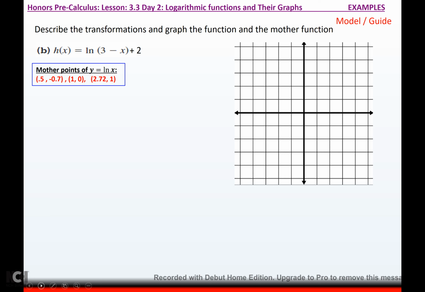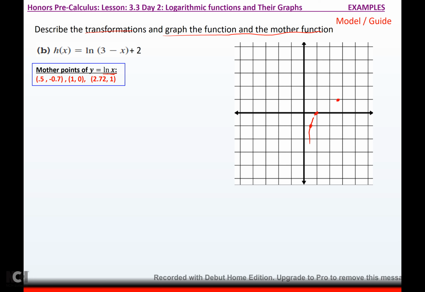All right, so it says, describe the transformations and graph the function and the mother function. The mother function would be ln of x, and it has mother points at (0.5, -0.7), (1, 0), and (2.72, 1).